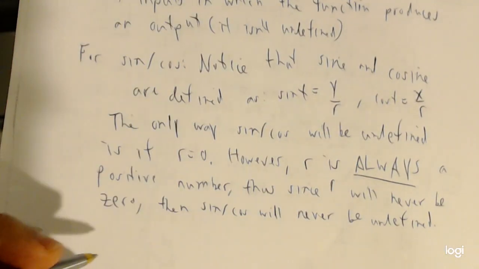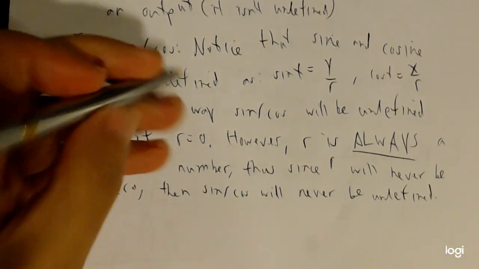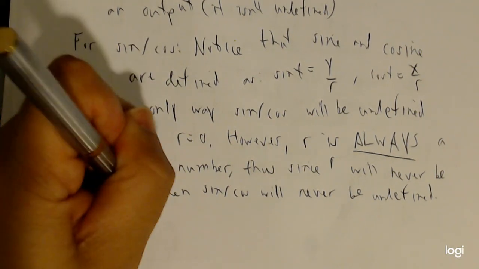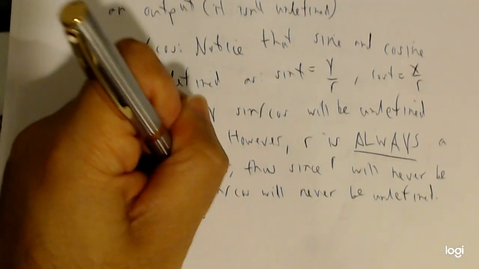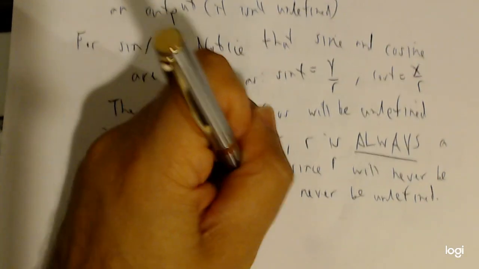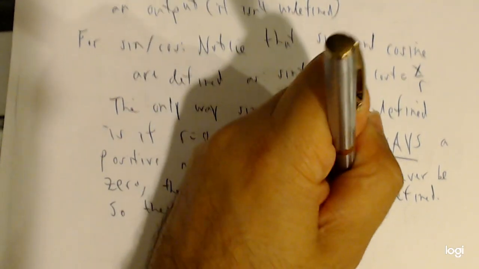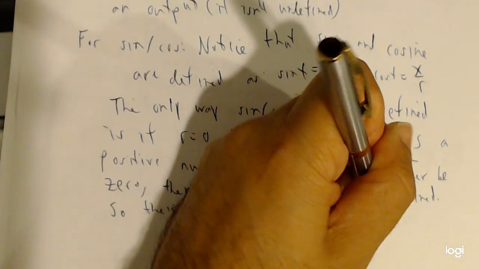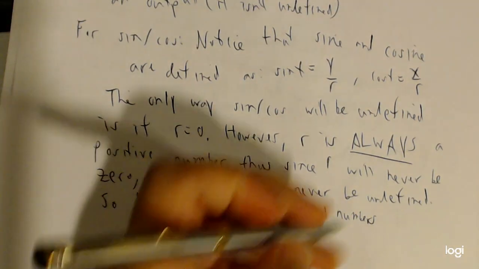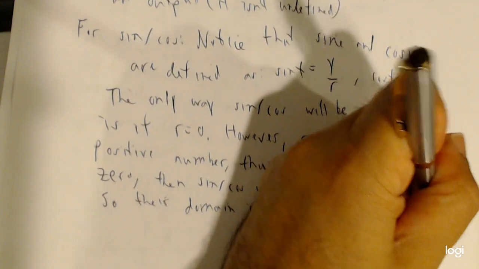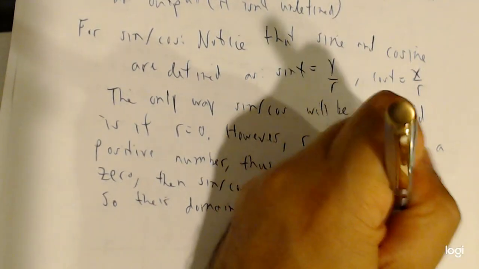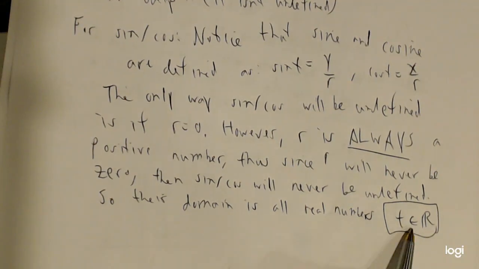So what does that mean? Their domain is going to be all real numbers. Which is written as t is in, if you've seen this notation, what are we saying? t can be any real number.